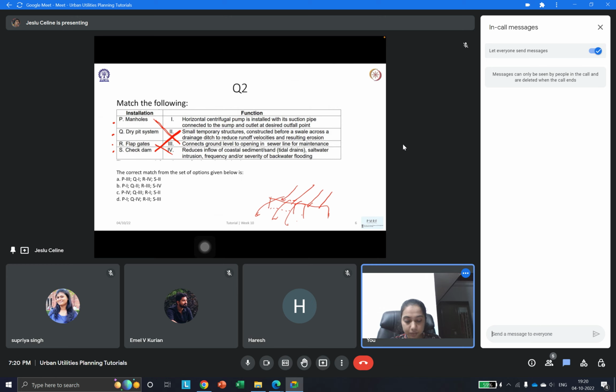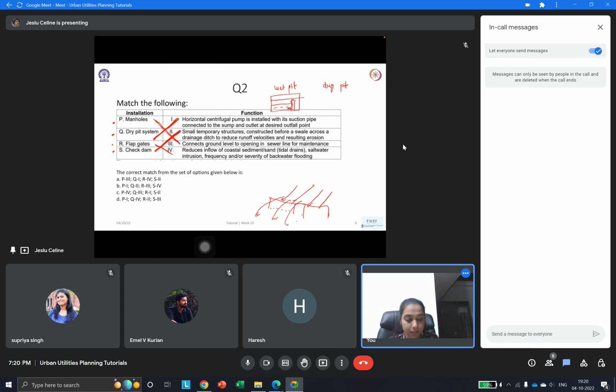And the dry pit system is a horizontal centrifugal pump installed with a suction pipe connected to the sump and outlet at the desired outfall point. Yes, so that is a dry pit. We have learned what wet pit and dry pit are, two types of pump installation methods. In a wet pit, there is a chamber with a suction unit, water will be sucked, and the motor is placed within the chamber itself.